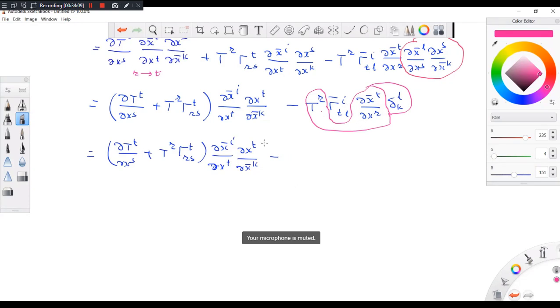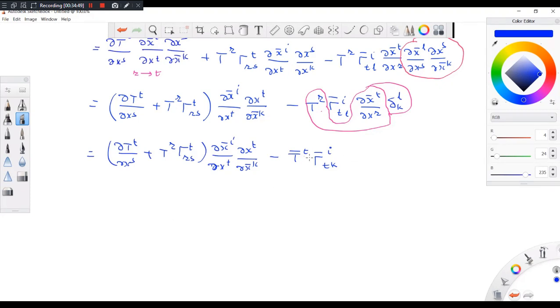So this I can write, this is T bar T, T bar T gamma bar. What is this? L should be equal to K, then only it will survive. So it will be gamma bar I, L should be equal to K, so ITK. Okay, ITK, T bar T. So this way it will come.